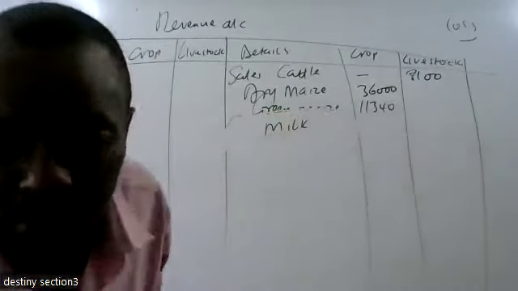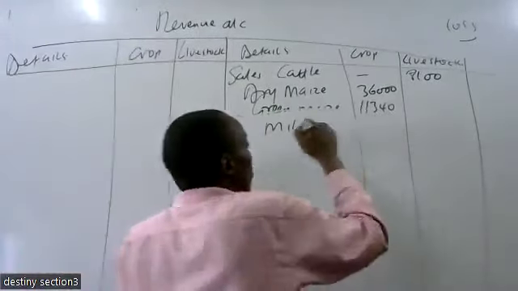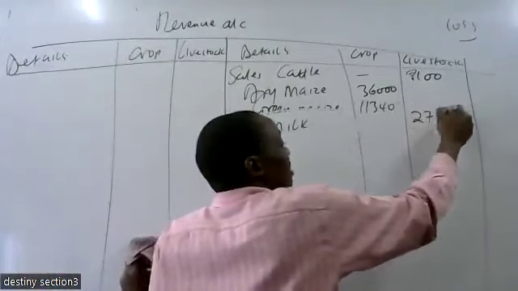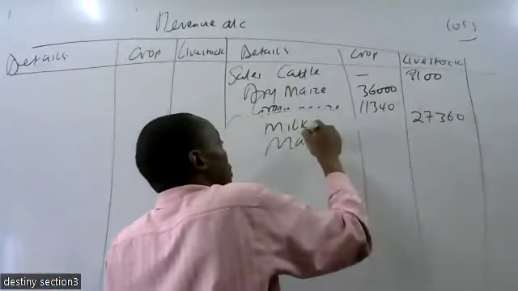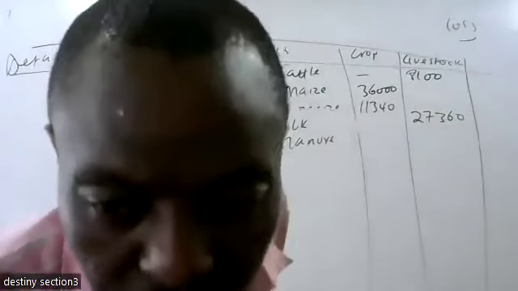Milk at 27,360 goes to livestock. Even manure goes to livestock, 3,000.